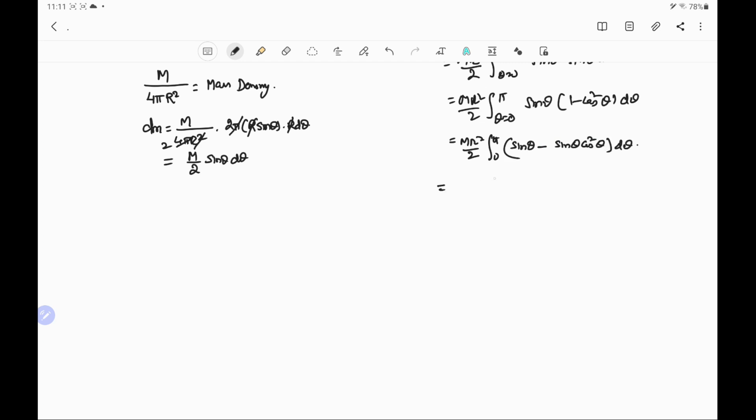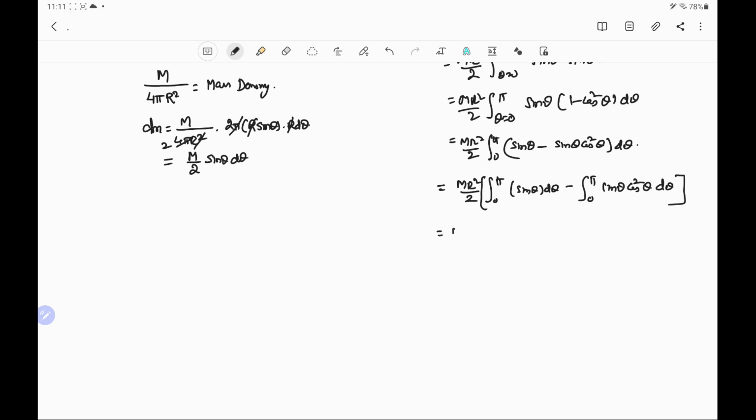We separate these two integrals and get integral 0 to pi, first is sine theta d theta, minus integral 0 to pi sine theta cos square theta d theta.